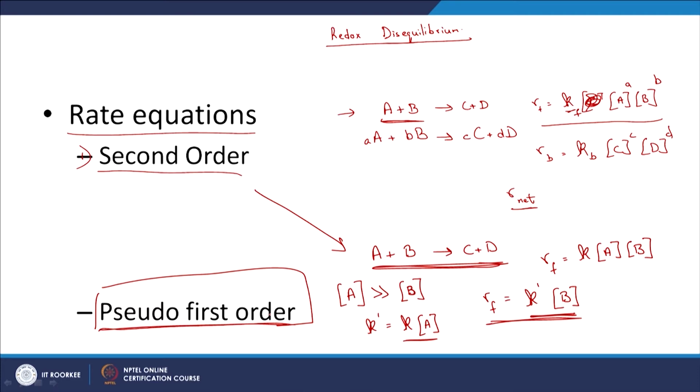Why is that? Because the concentration of A is far greater than the concentration of B.